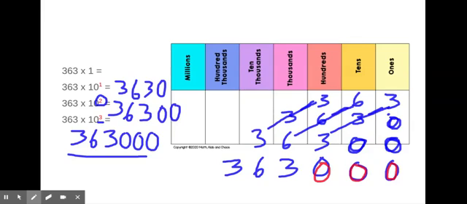The 3 that's now in my thousands place moved up 1, 2, 3 places. The 6 in my tens place moved up 1, 2, 3 places. And the 3 in my hundreds place moved up 1, 2, 3 places.